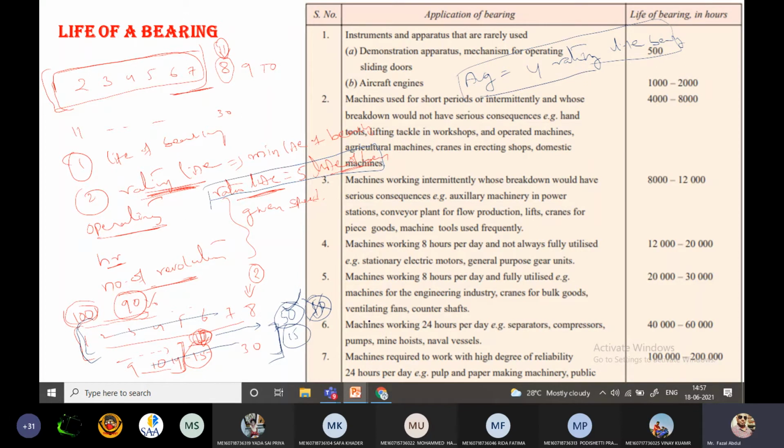Now even here 50 bearings are there. Again you are continuously allowing them to operate till some particular day. Finally you will be left with only 8 bearings, suppose.